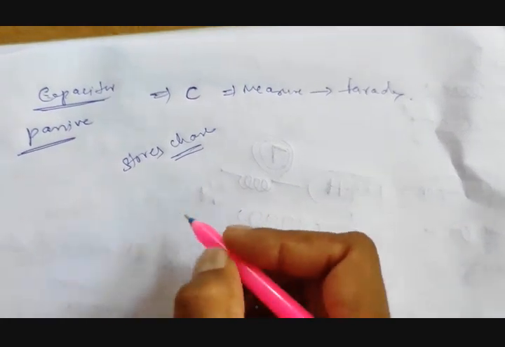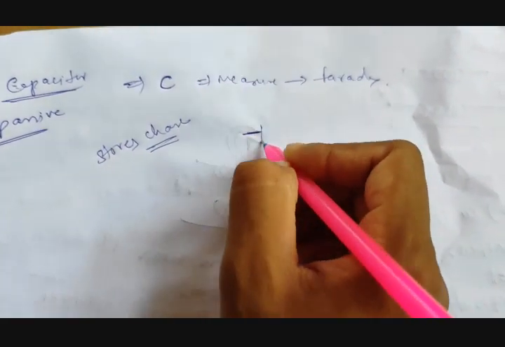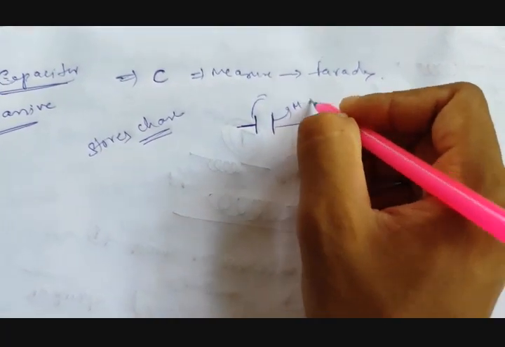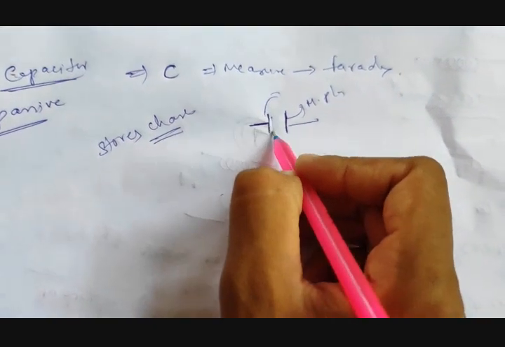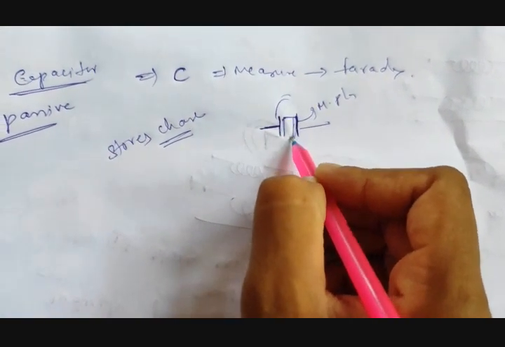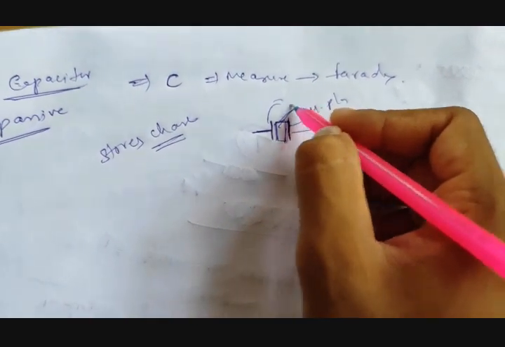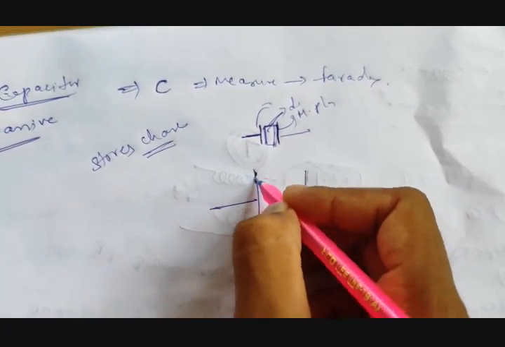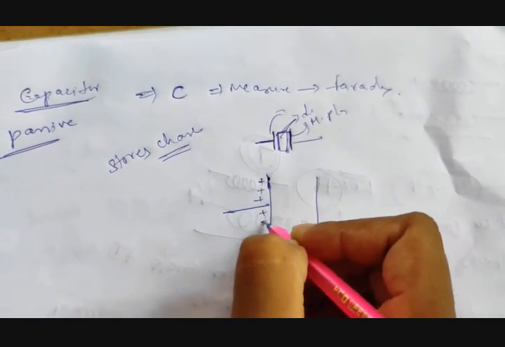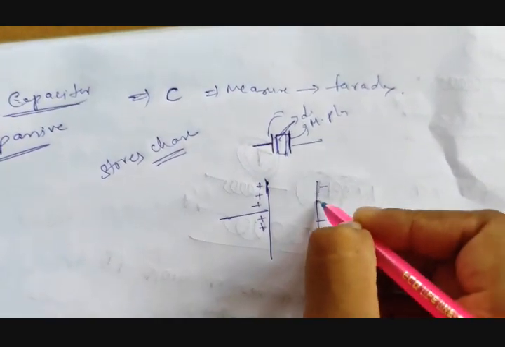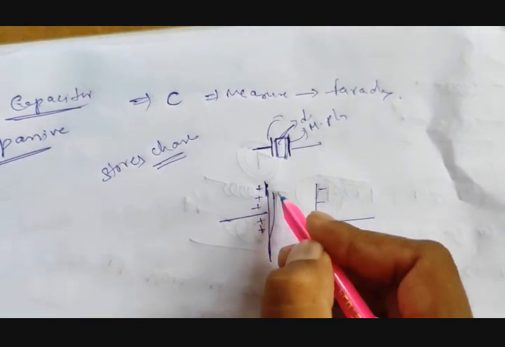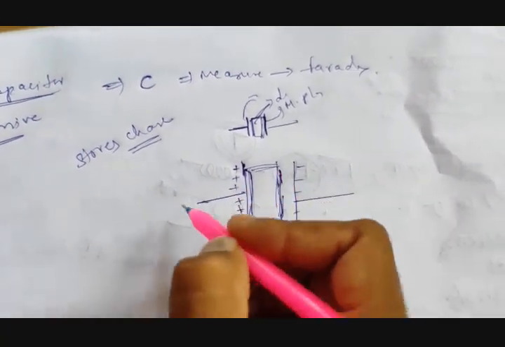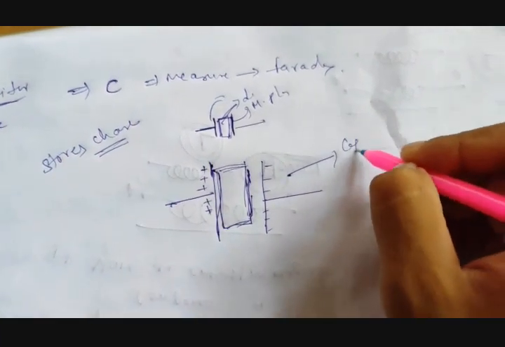It looks like this: two metal plates separated by a medium known as a dielectric medium. One plate has the positive charge and the other the negative charge, or the reverse. The insulator between them is the dielectric medium. This is known as a capacitor.